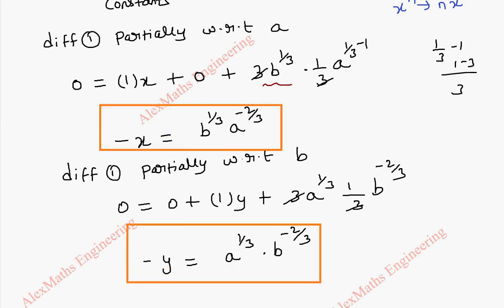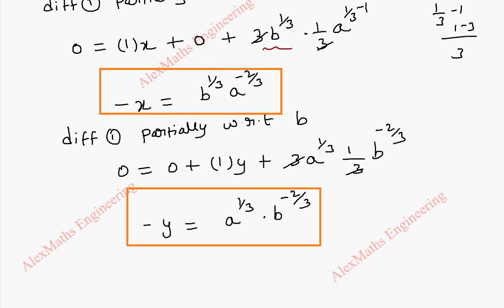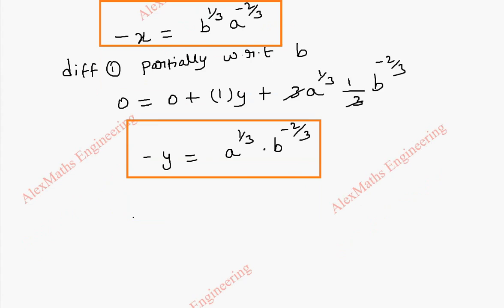Now I have to substitute in first equation. So on substitution we get z in terms of a and b, and that we have to replace again in terms of x and y. So z is equal to ax. So a into x. This is minus x.